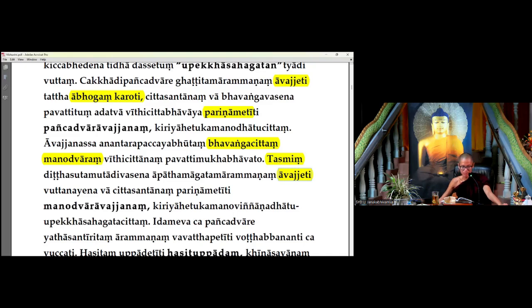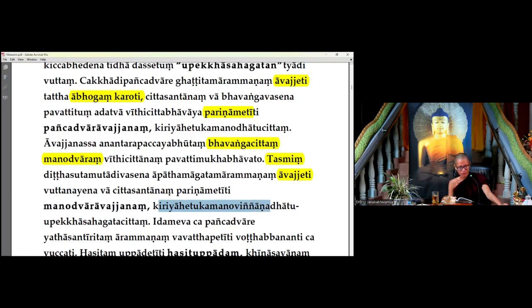Kiriya hetuka, Kiriya ahetuka, Mano Vinyana Dhatu, Ubekha Sakata Chitta. This definition is: what is Manodwara Vajana? What is Manodwara? Previous one is why it is called Manodwara Vajana. So Kiriya ahetuka Mano Vinyana.